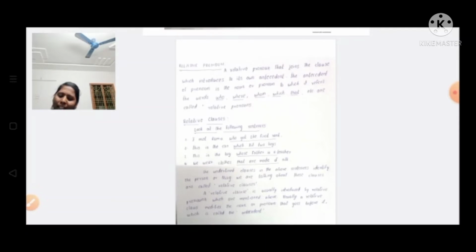A relative clause modifies the noun or pronoun that goes before it, which is called the antecedent. Okay, children, do you understand? Okay.